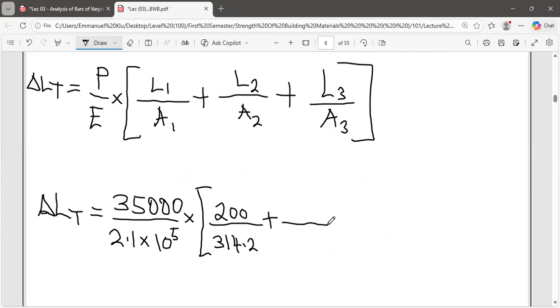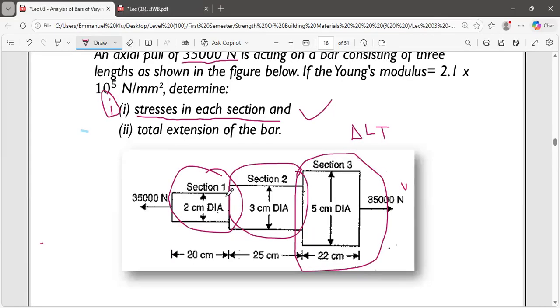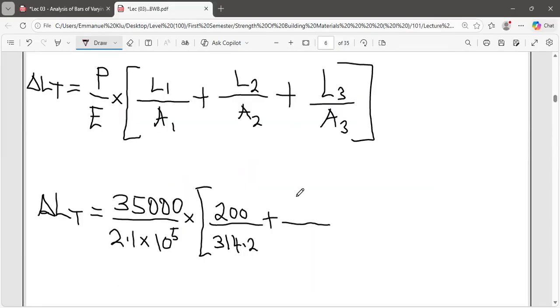This one, the length was 250. So we put 250 over here. And then the area was 706.95, plus the last one.